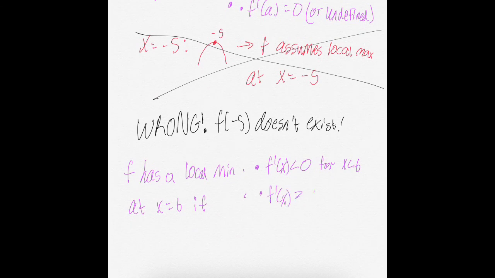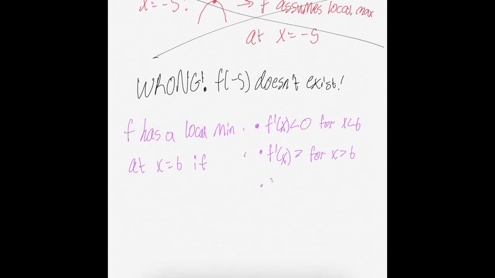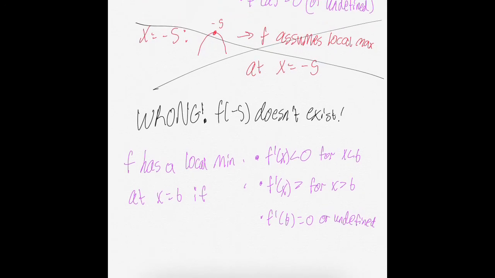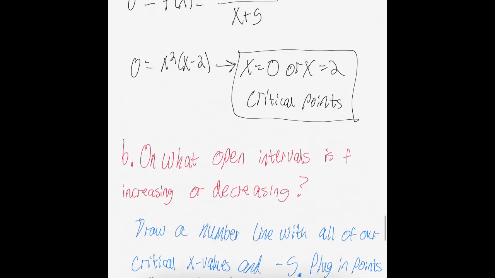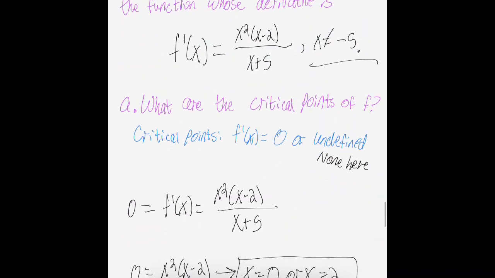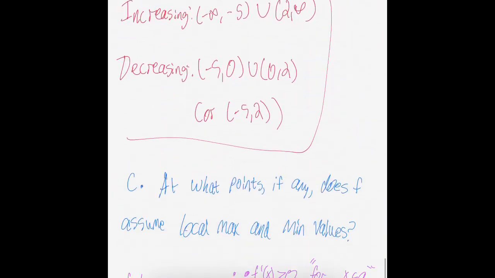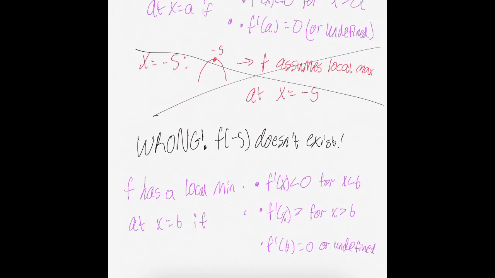So now I want f prime of x to be less than 0 for x less than b. I want f prime of x to then be positive for x greater than b. And I want f prime of b again to be 0 or undefined.